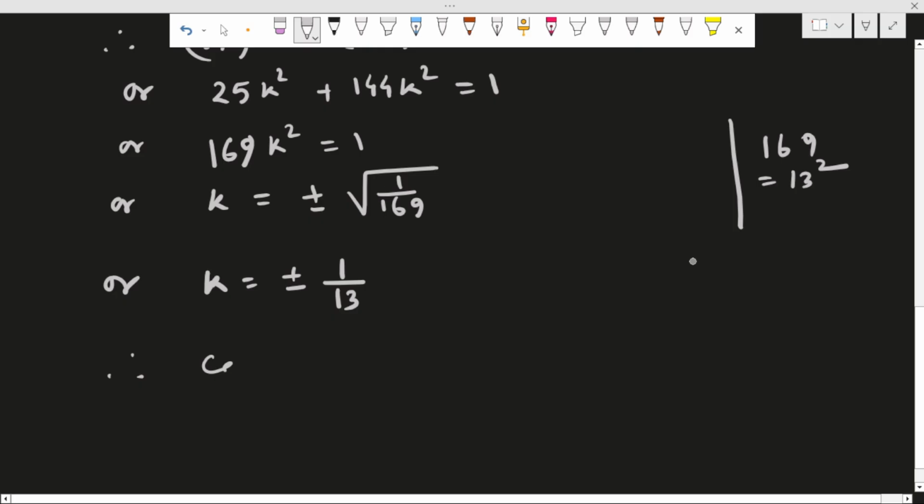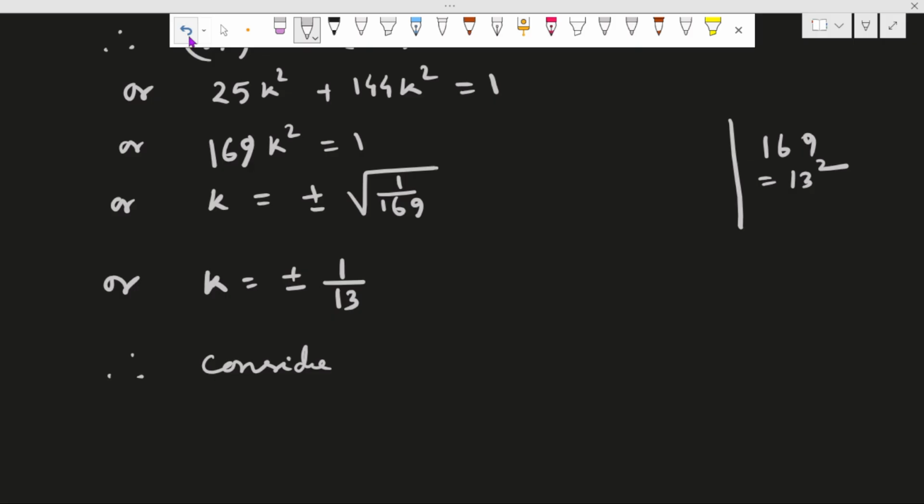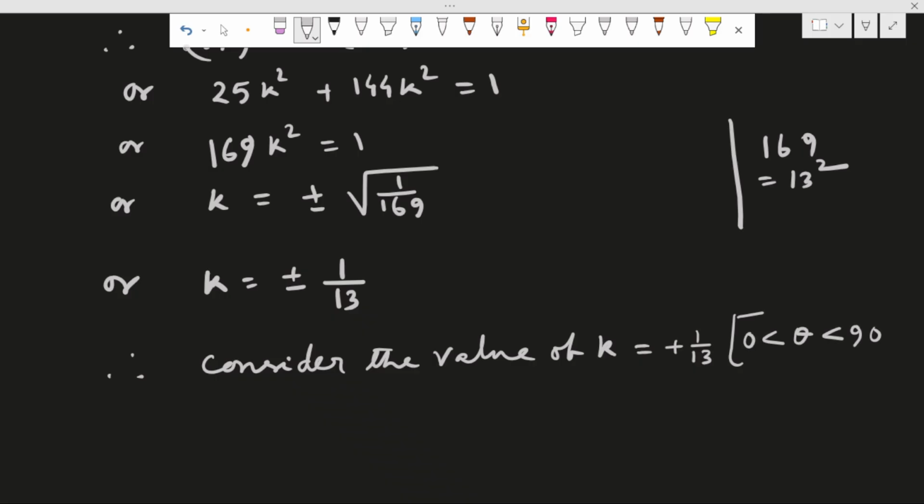Therefore consider the value of k equal to plus 1 by 13. Assume that 0 is less than theta, which is less than 90 degrees.